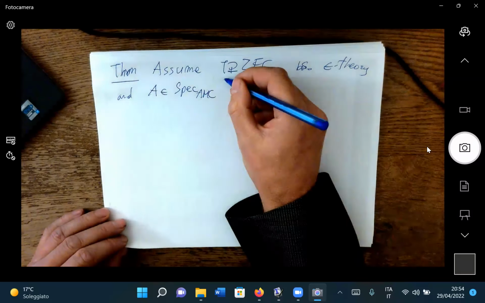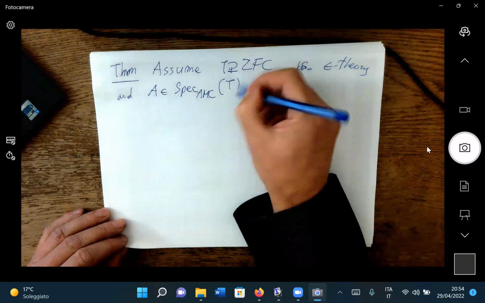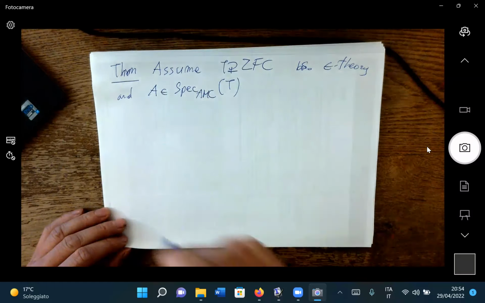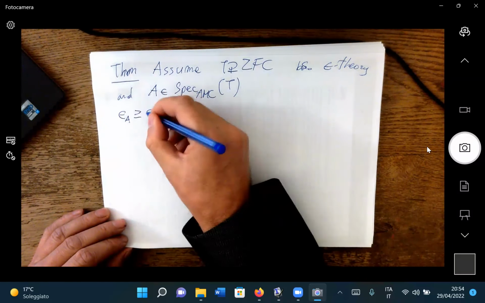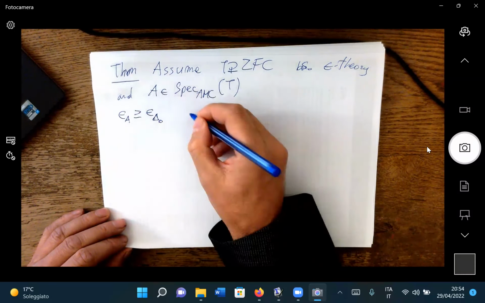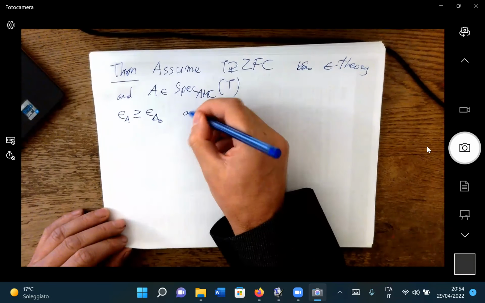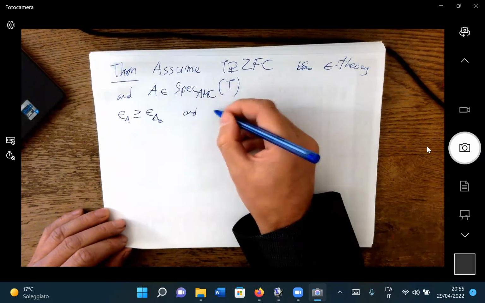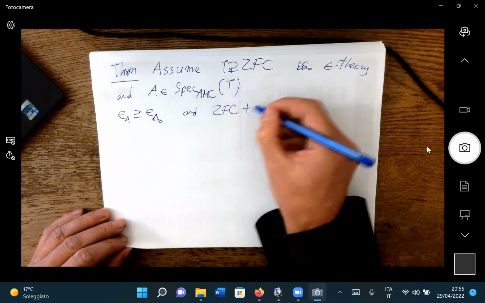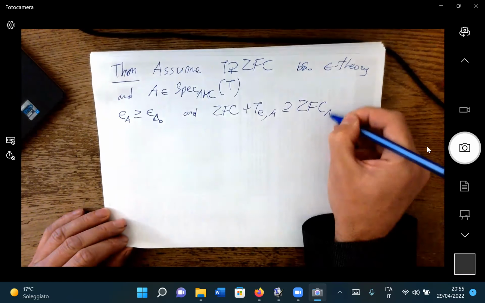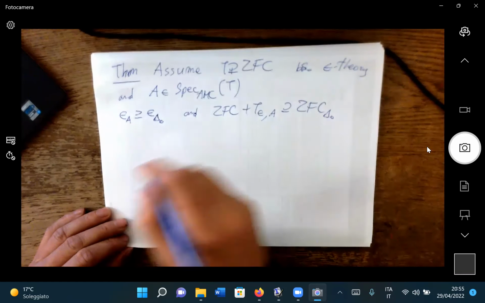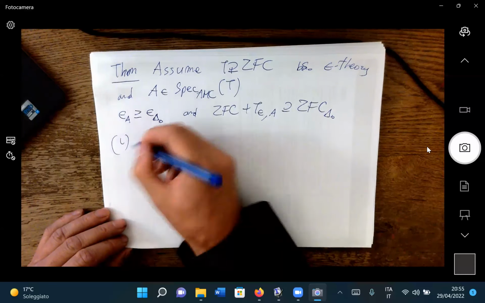Here it's important that it's the spectrum with respect to the absolute model companion and not the model companion. It is such that epsilon A contains epsilon delta 0, and ZFC plus T epsilon A contains ZFC delta 0. So I'm interpreting stuff correctly. Then we have the following.